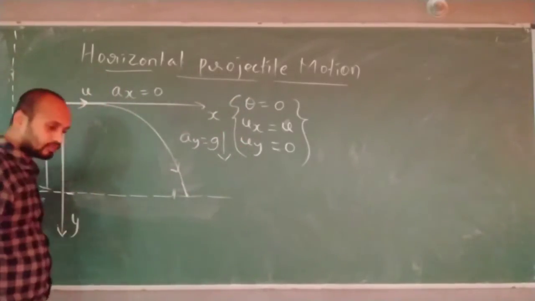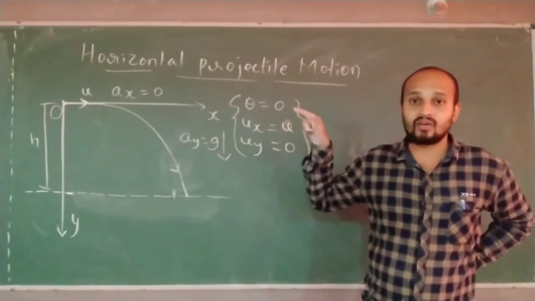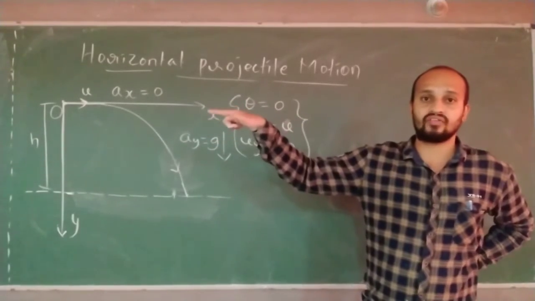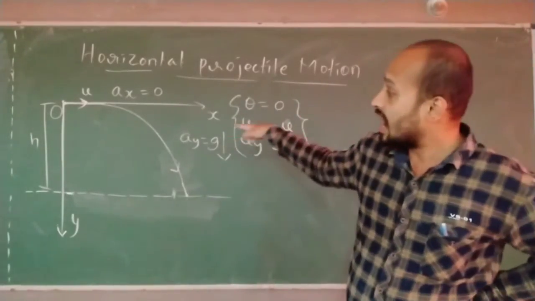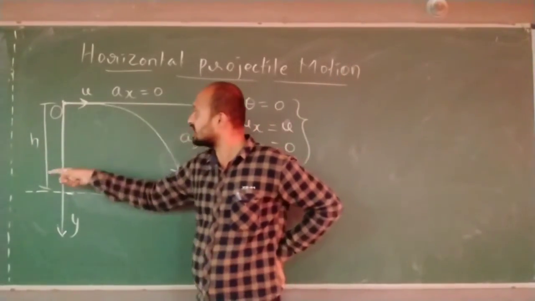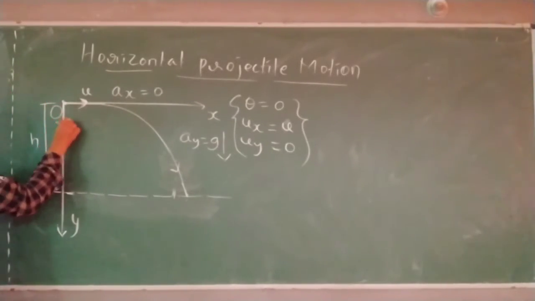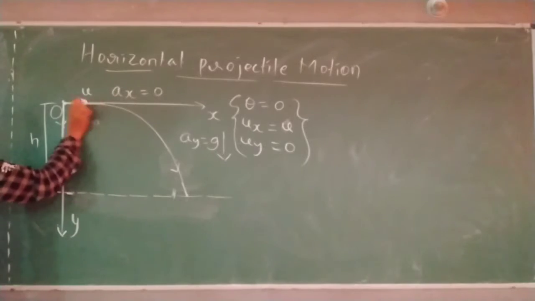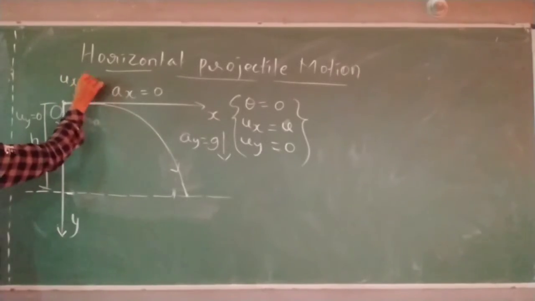Angle of projection will be 0, and the initial velocity along the x-axis will be equal to its initial velocity u. Along the y-axis, if you are throwing an object like this, what is its velocity uy? It will be 0. Correct now? Ux will be equal to u, that is one.